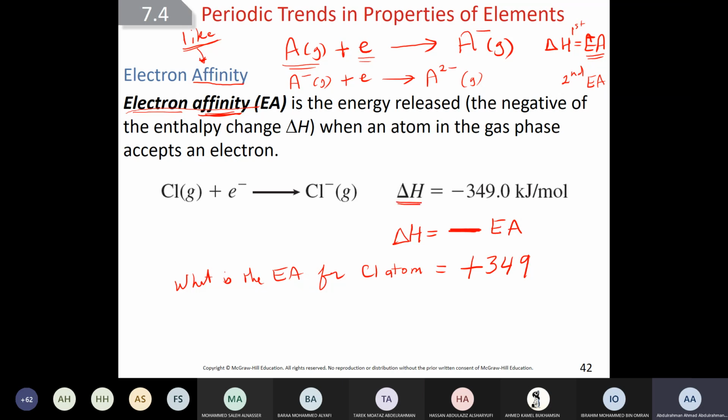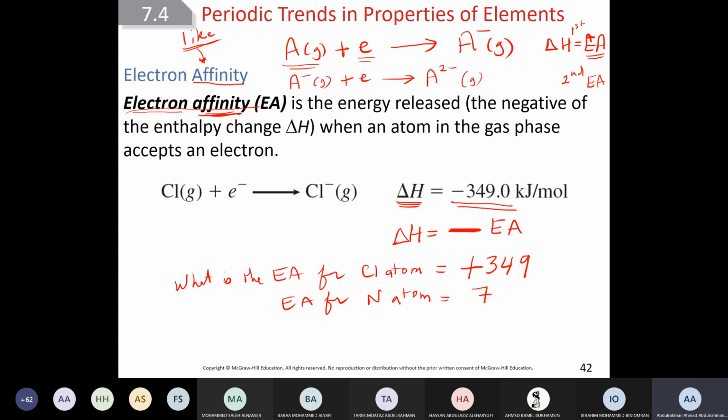The enthalpy of this reaction is minus 349. Is this clear? Okay. Yes.